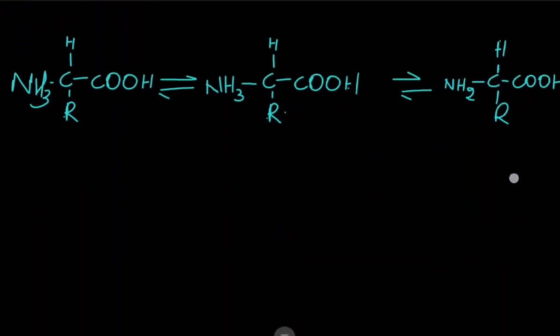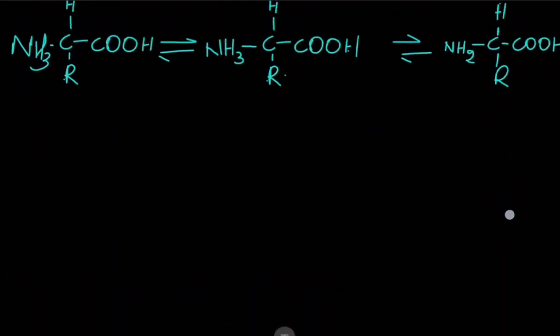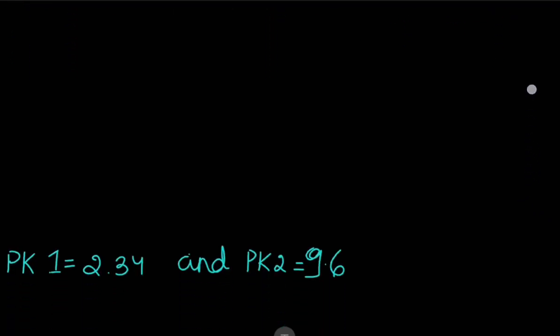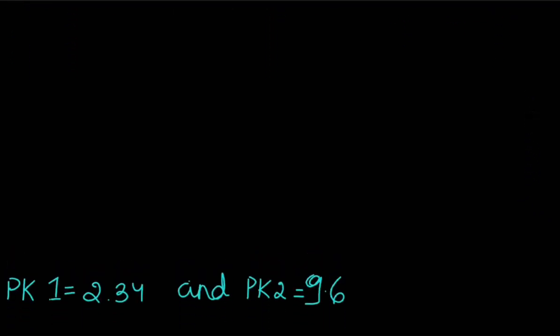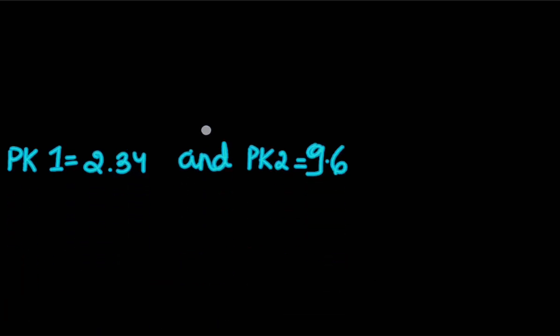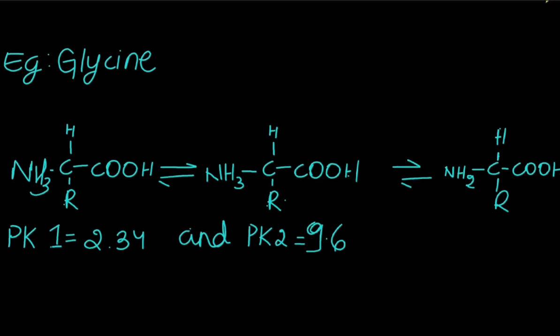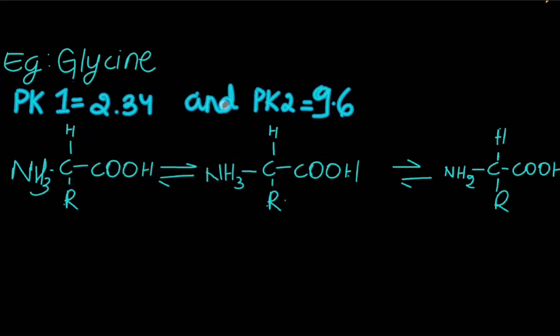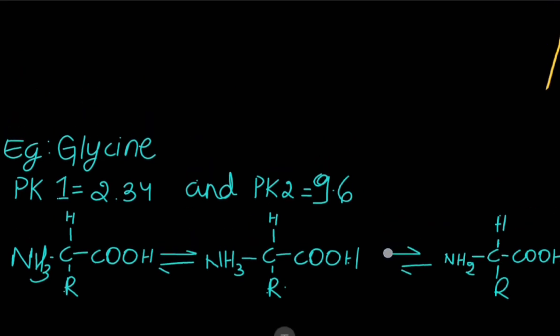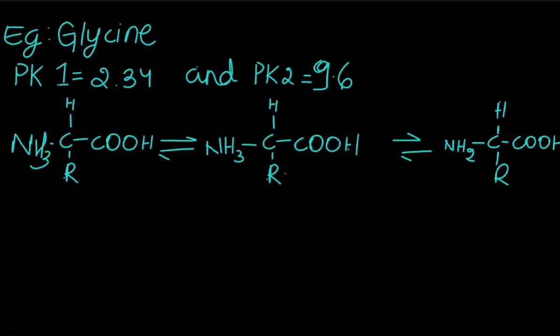So when we talk about glycine, as you can see, the pK1 value is 2.34 and the pK2 value is 9.6.